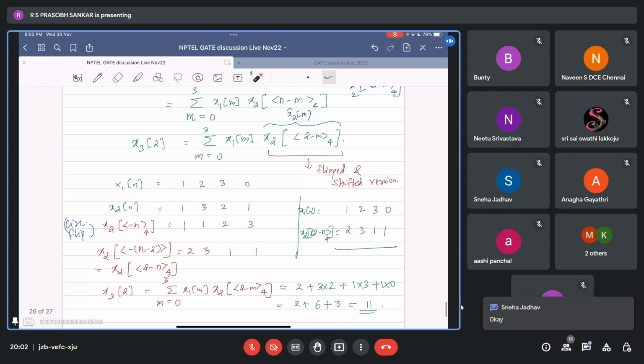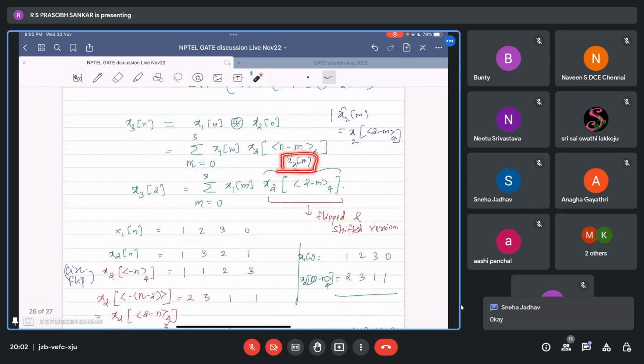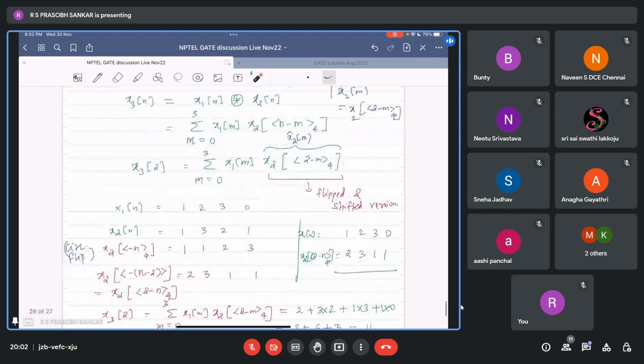Okay. So now I have x1 and this x2 hat. I just want to find the corresponding products. So x1 is like this, the x2 hat is like this, and what I want is just the summation over m of x1 of m times x2 hat of m.